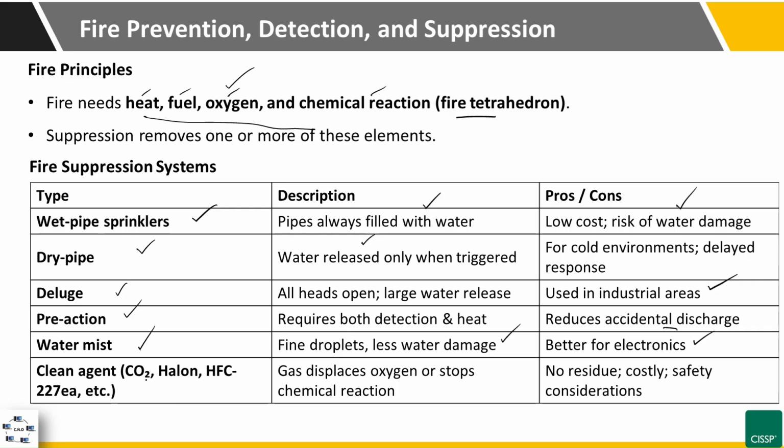And some clean agents for fire suppression systems are CO2, halon, HFC-227ea. So gas basically displaces oxygen or stops the chemical reaction, and it has no residue, it is costly, and has safety considerations for humans.